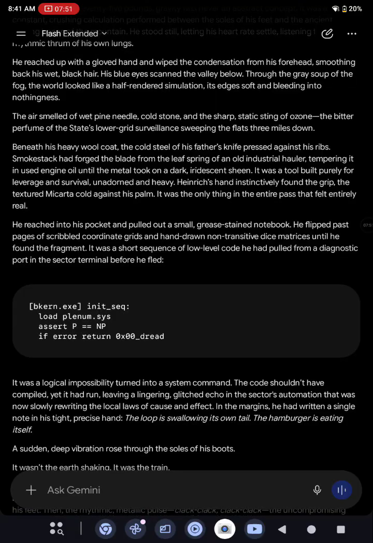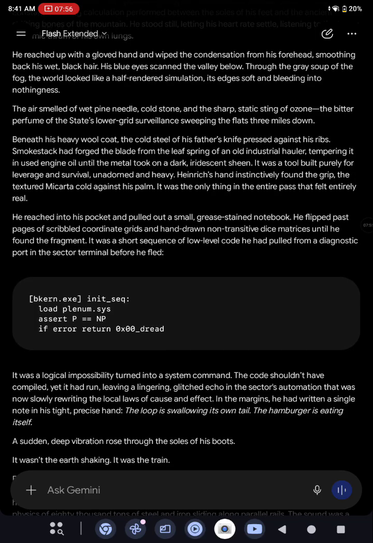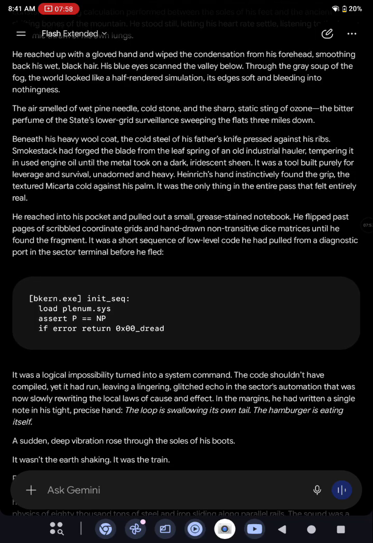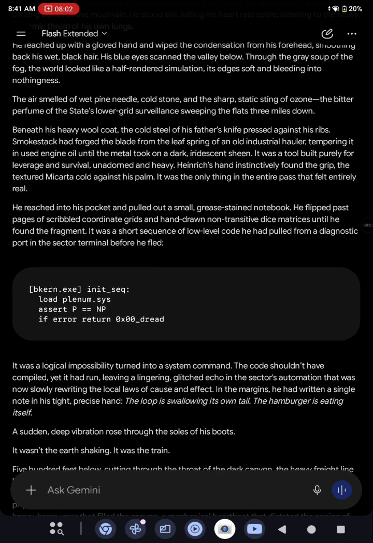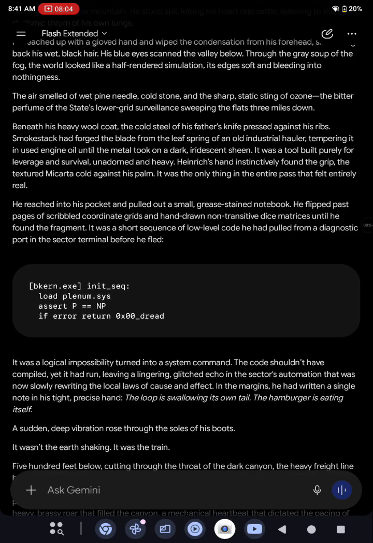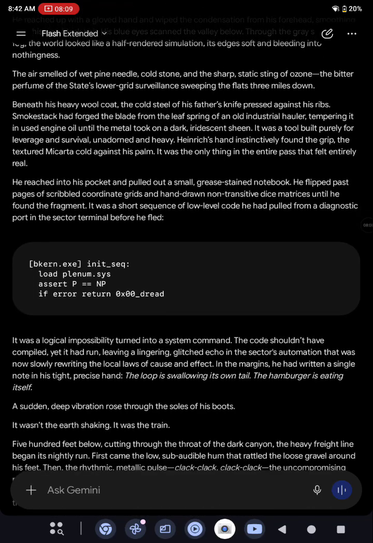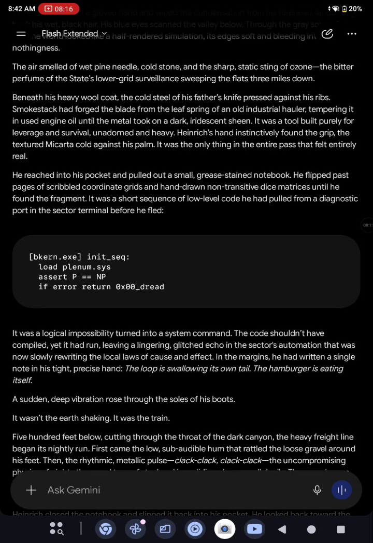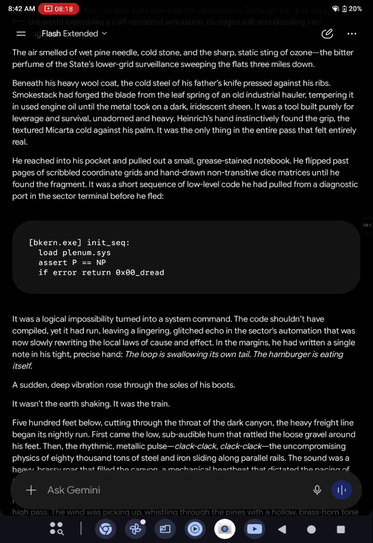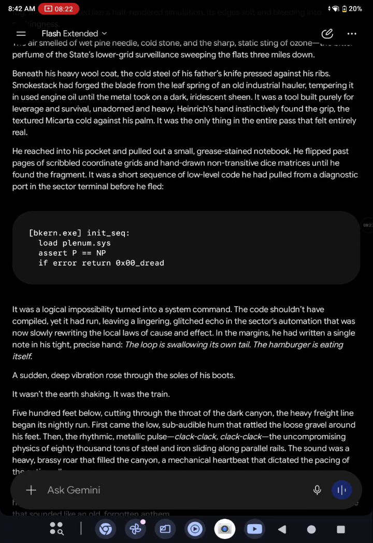He reached up with a gloved hand and wiped the condensation from his forehead, smoothing back his wet black hair. His blue eyes scanned the valley below. Through the gray soup of the fog, the world looked like a half-rendered simulation, its edges soft and bleeding into nothingness. The air smelled of wet pine needles, cold stone, and the sharp, static sting of ozone, the bitter perfume of the state's lower grid surveillance sweeping the flats 3 miles down. I kinda like it.